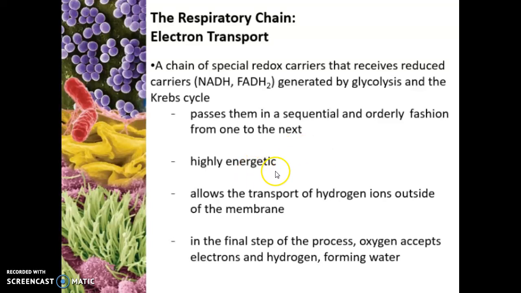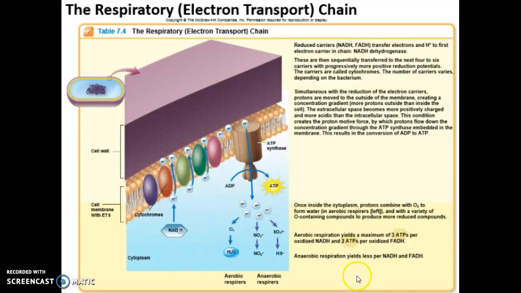This is a highly energetic reaction, and it transports hydrogen ions from the interior of the cell to the exterior, and then they come back through ATP synthase, and the oxygen accepts the electrons and the hydrogen, and it forms water. In the process, it creates ATP. So this is the diagram of what's going on.